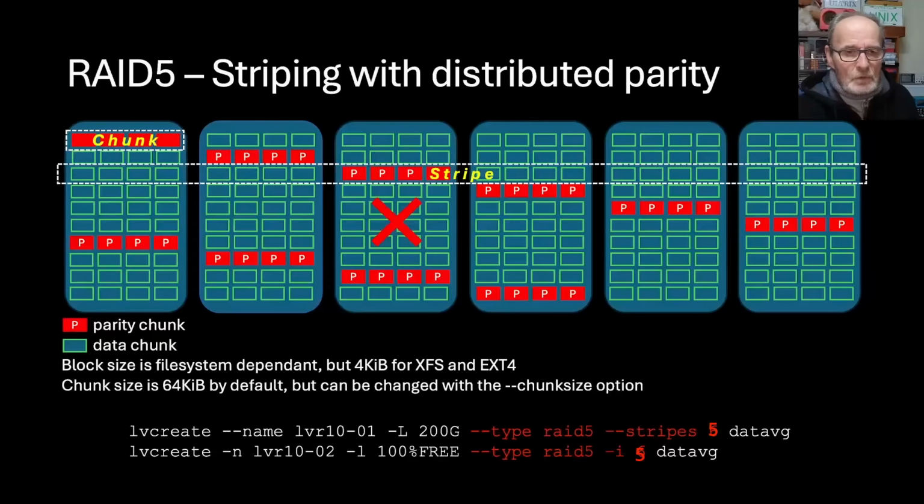And so what we do is on each stripe, and remember the stripe covers the entire number of disks that we have, a parity chunk. And how do we create it? Yes, it's pretty obvious. --type RAID 5, --stripes 6 or -i 6.